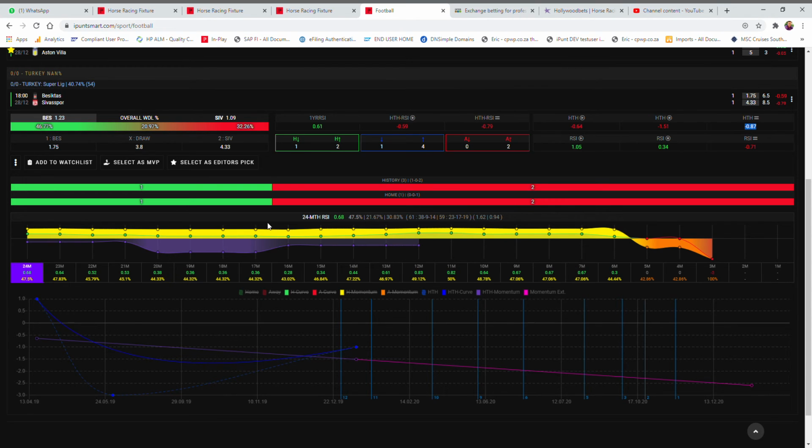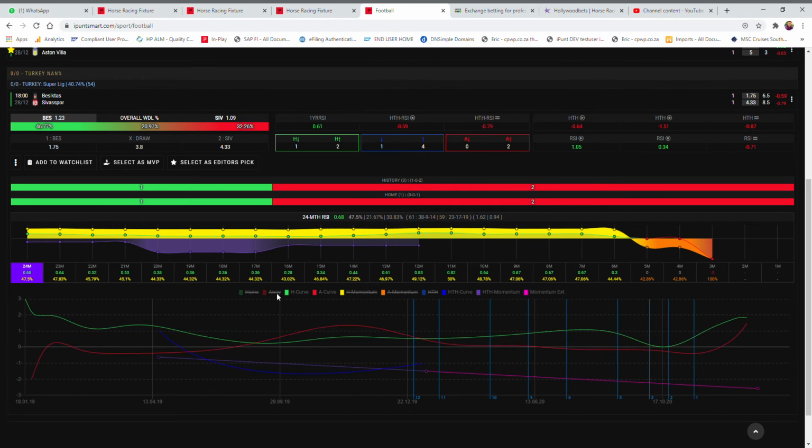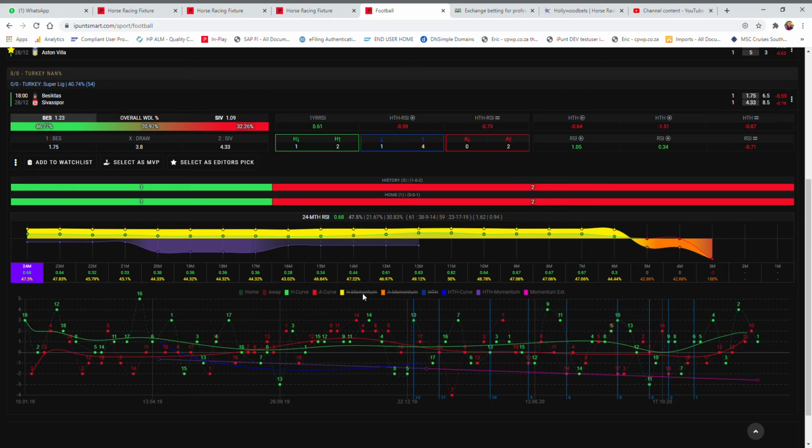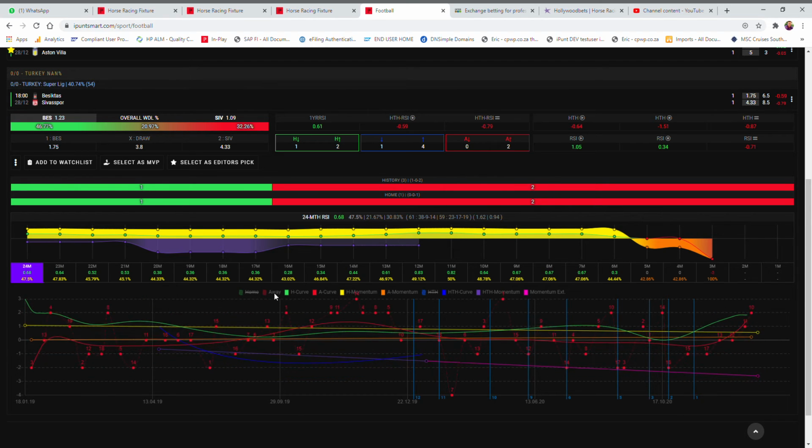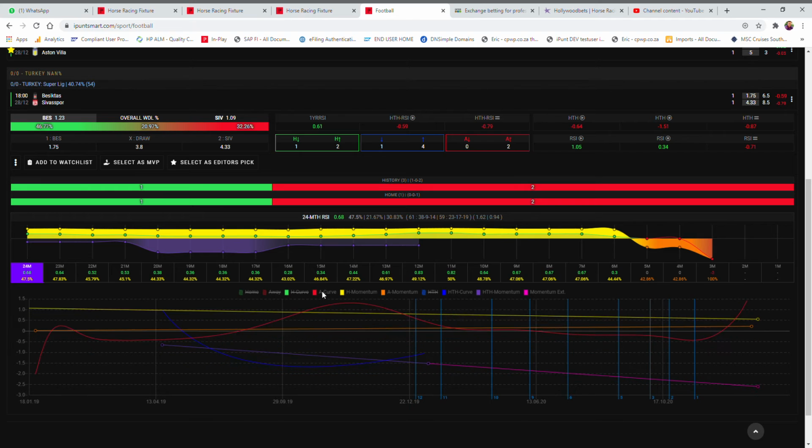Now if we just take those off and we just look at these RSI figures, you see that RSI figure is based on all of those. Let's just look at the home one. That's a 1.04 for home and a 0.03 for away.